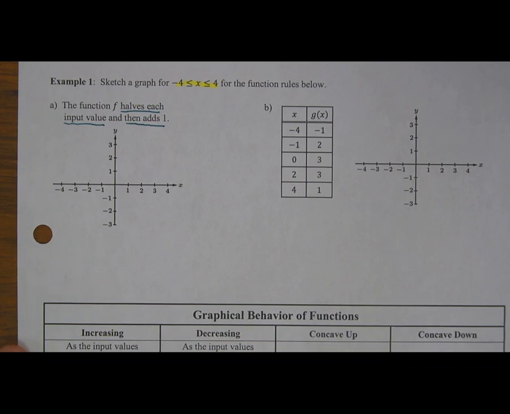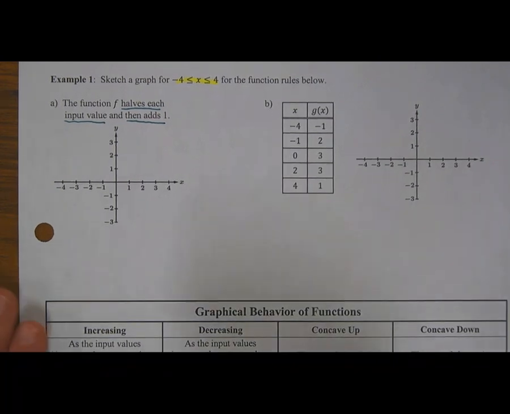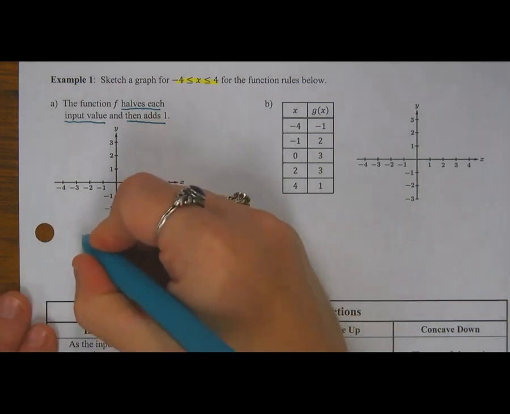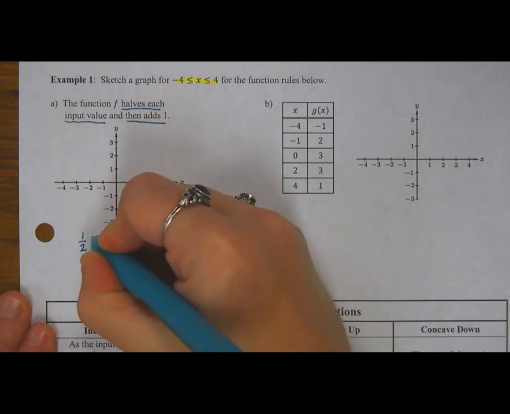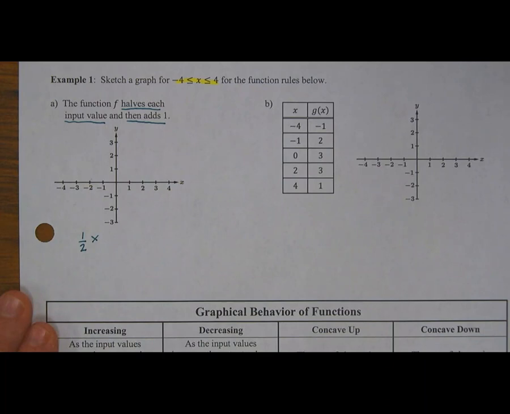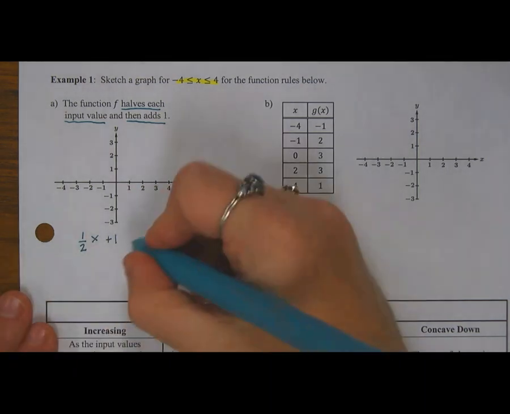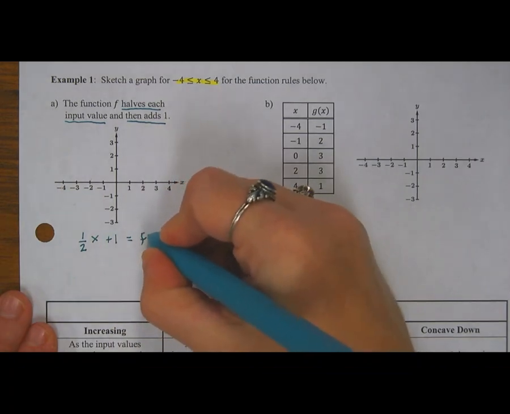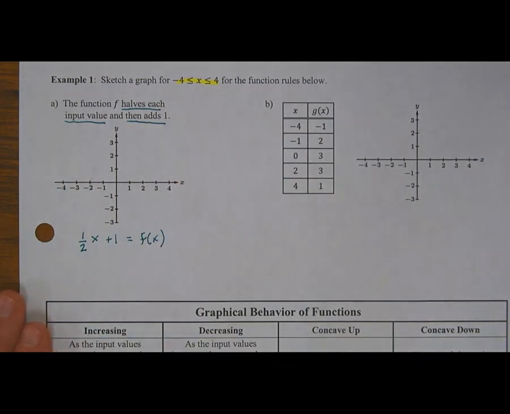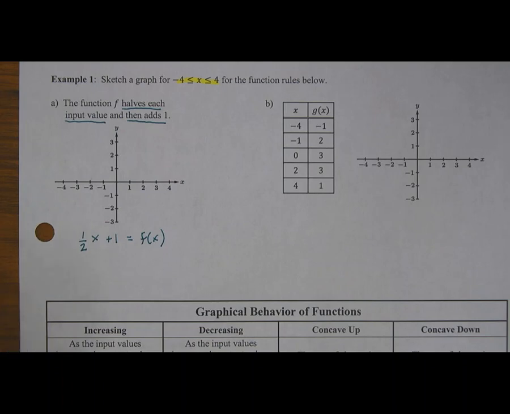If you're really good at writing equations, which probably you're thinking I'm not, but watch how easy this is. For every single x value I plug in, I take half of that x value because it says the function halves each input. Input is x. And then adds 1. And that's how we come up with our function f of x, which we'll figure out with just y equals x/2 plus 1.